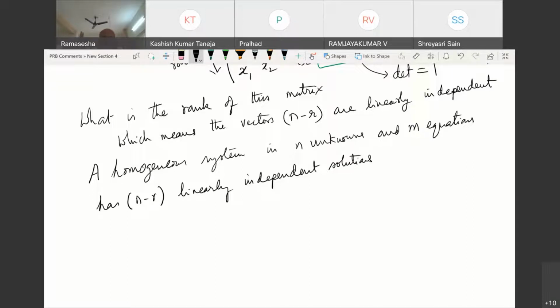Then you have solutions which are now functions of x r plus 1 to x n, and these are n minus r linearly independent solutions. This is what I have shown.